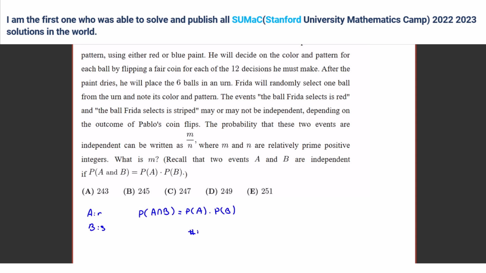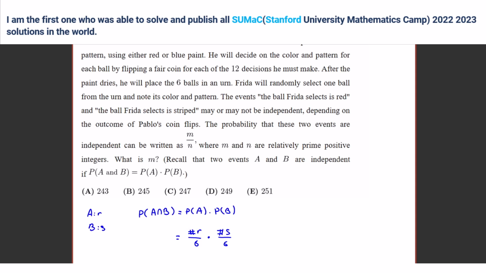Probability of A is what? Number of reds over 6. Probability of B is what? Number of stripes over 6. Yes, number of S over 6, right? P of A intersect B is what?